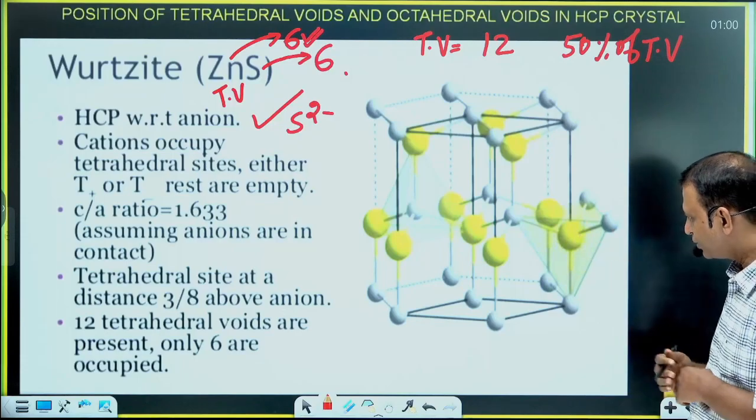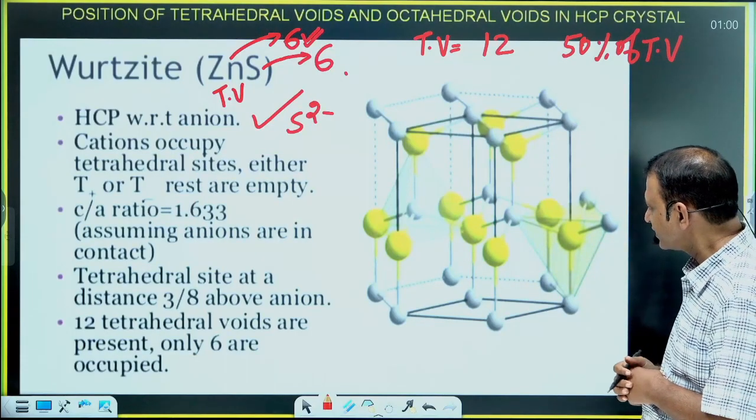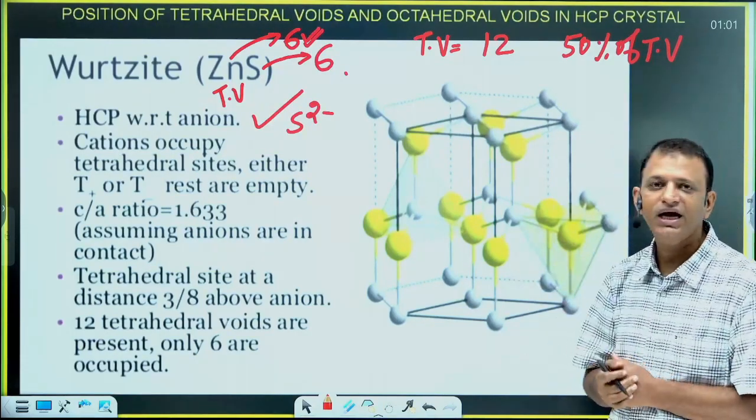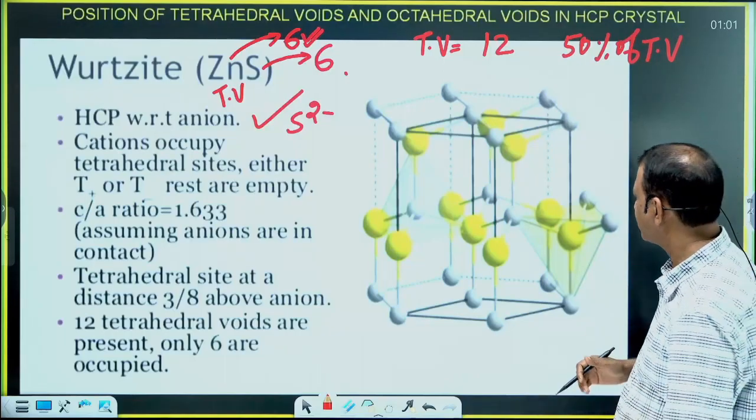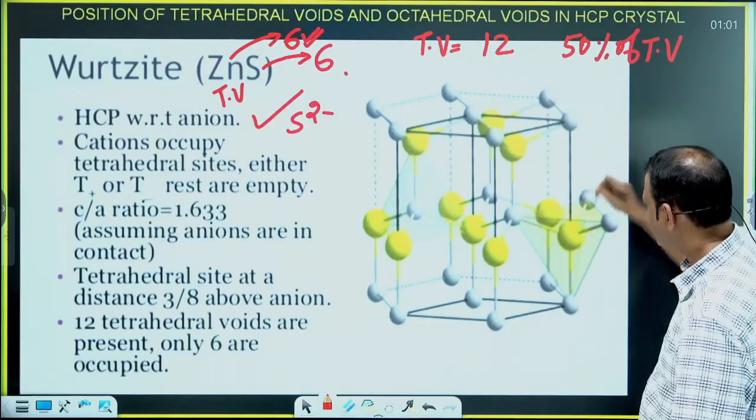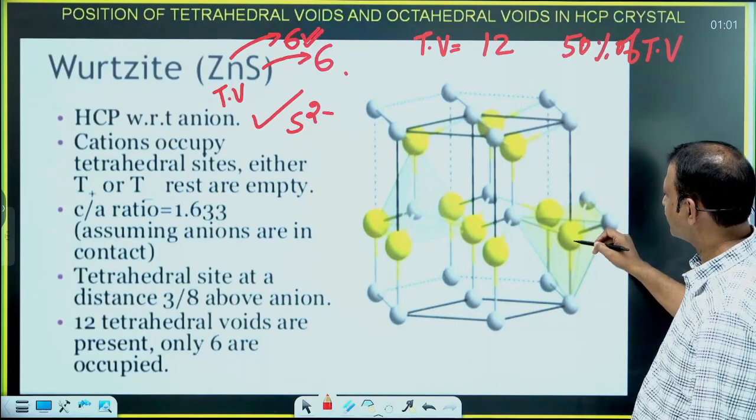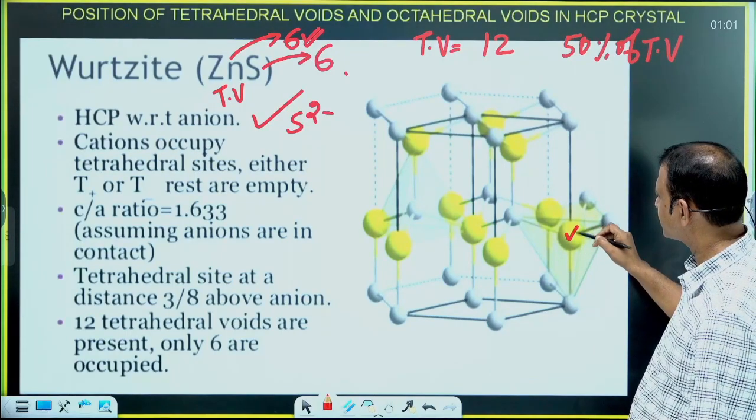So we can say that 50% of tetrahedral voids are occupied in wurtzite. That can be shown here. What is shown in yellow color is the position of tetrahedral void, and we know that along this vertical edge there are 2 positions of tetrahedral void, of which one position is occupied.